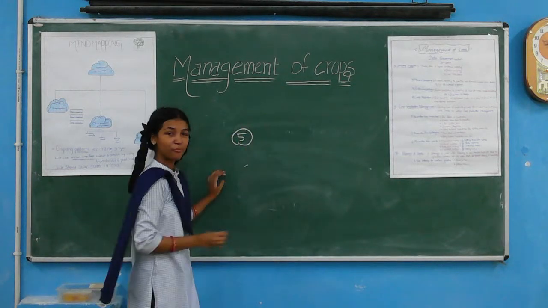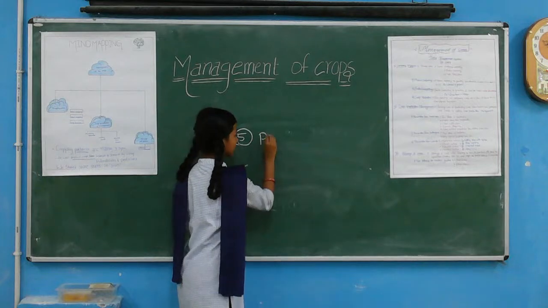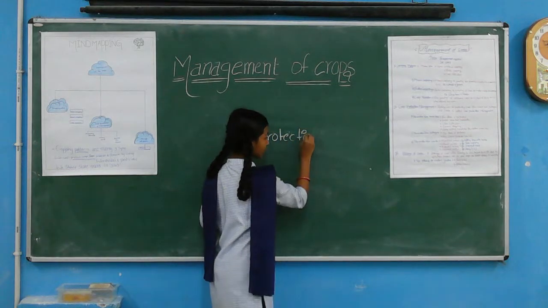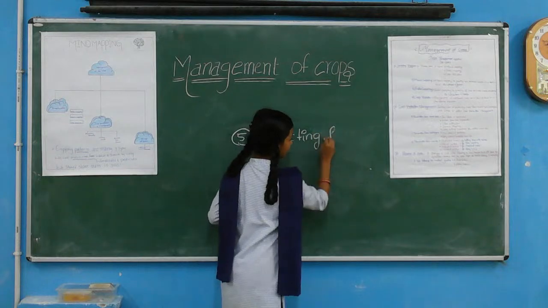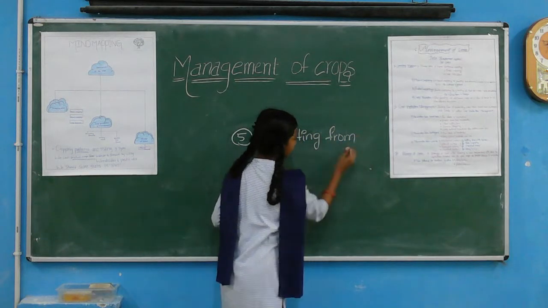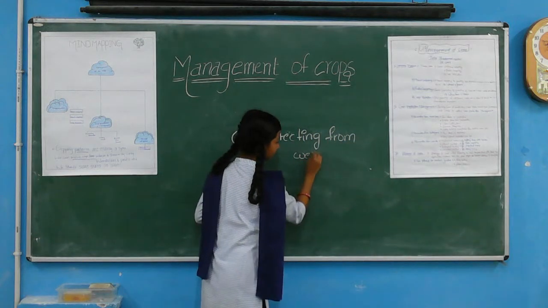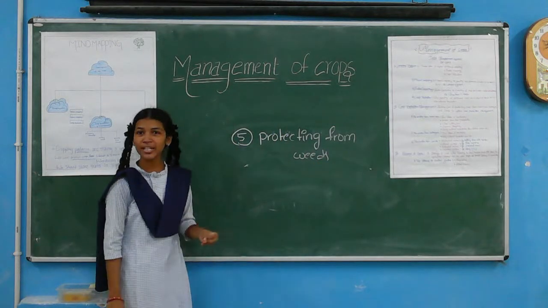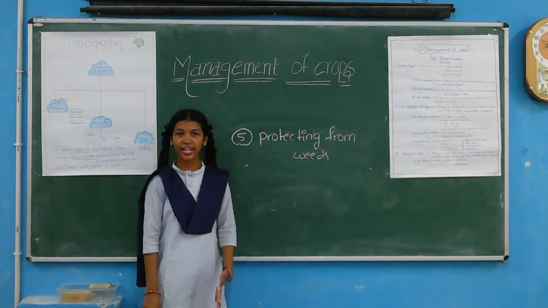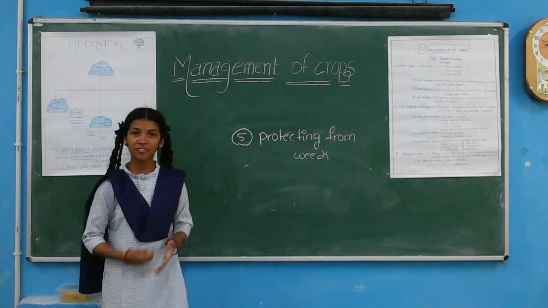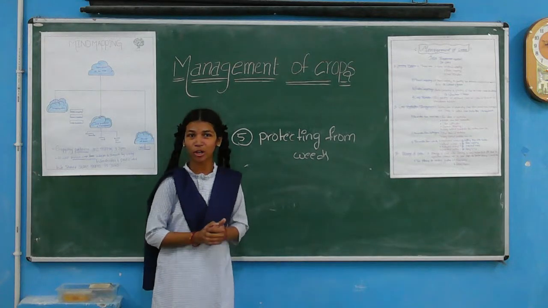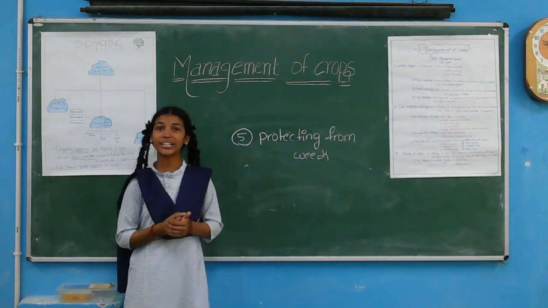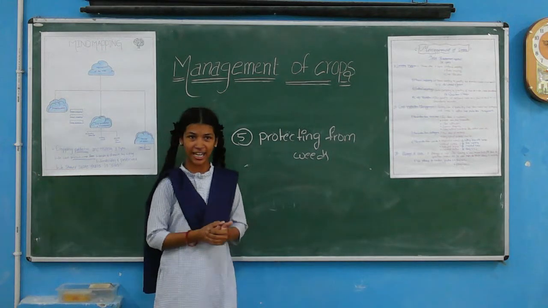protecting from weeds. We have to protect the plants from weeds by using weedicides. For example, a weedicide is 2,4-D. 2,4-D is known as 2,4-dichlorophenoxyacetic acid.